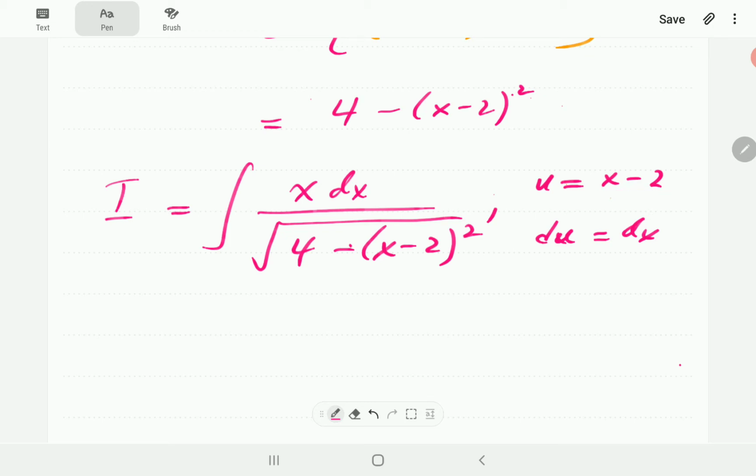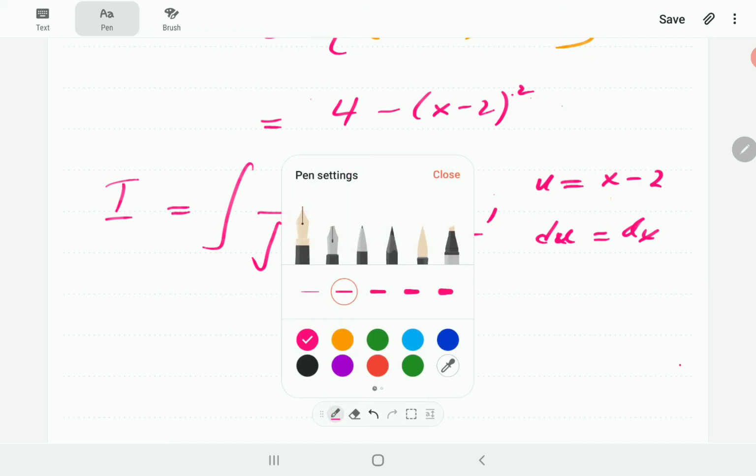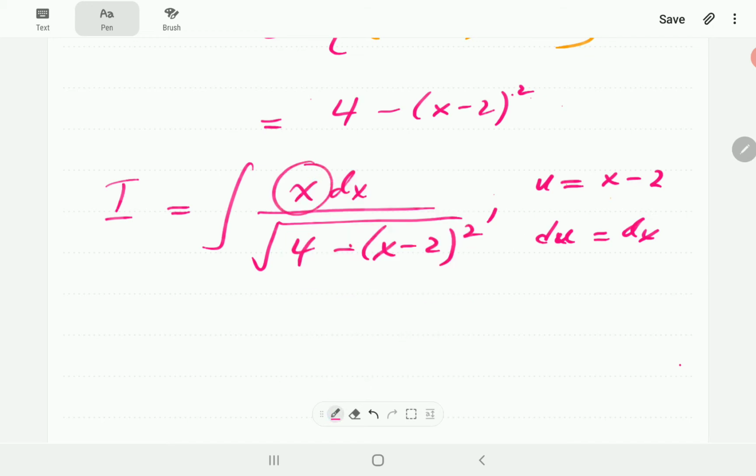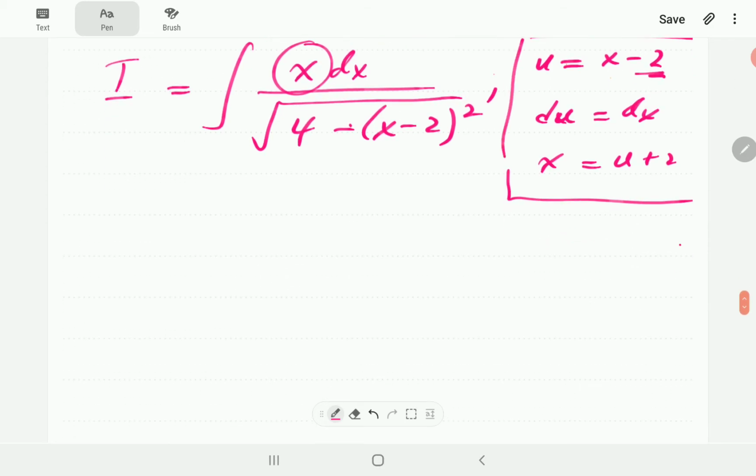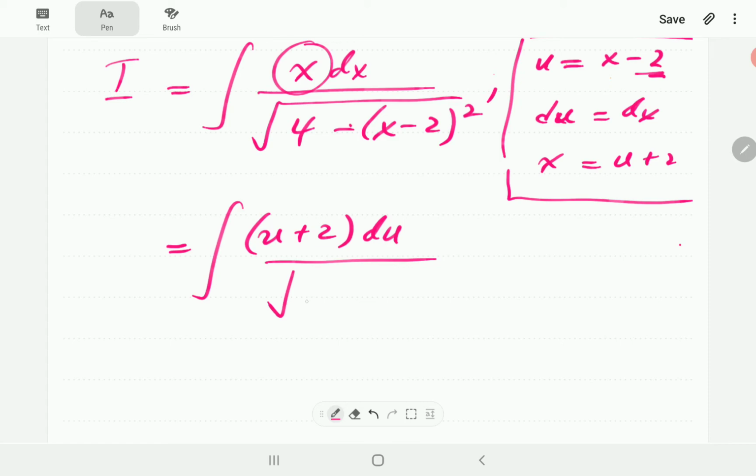Okay, but here we also have this x term, so we're going to need to write x in terms of u. So if we take 2 to the other side, then x is u plus 2. So our integral is now going to be u plus 2, dx is du. In the denominator, we're going to have 4 minus u squared.